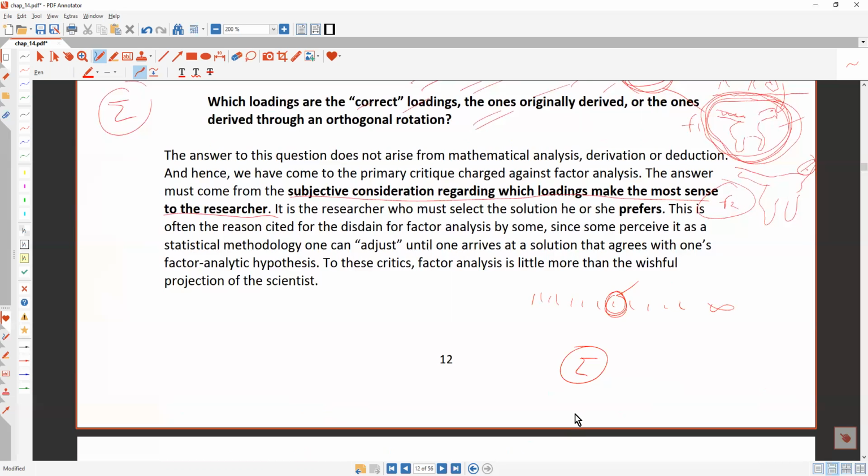So you cannot say things like this. You cannot say, well, I've chosen this solution because it reproduces the covariance matrix. That would not be correct. In regression, you can say that. You can say, you know what, this regression model right here, AX1 plus AX2, I like that model.